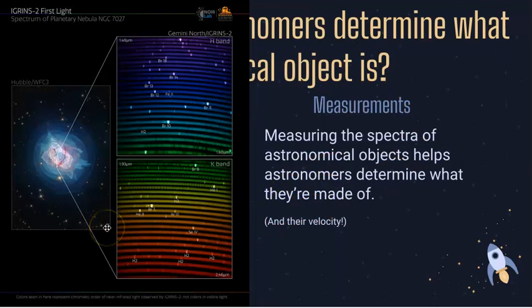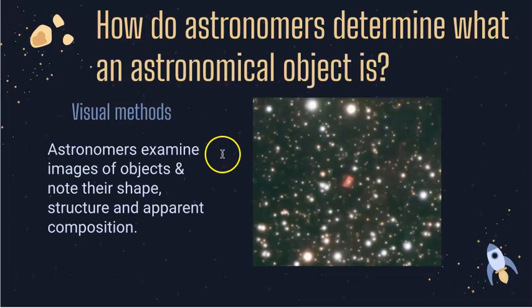They look at spectra. In our class, the tool that we're primarily going to use is visual methods. So when we look at an image, we can identify what type of astronomical object we think it is based on the shape and colors and structures that we might see within that image.